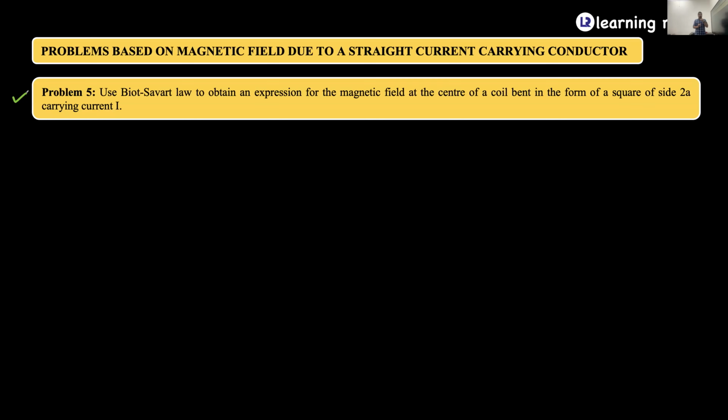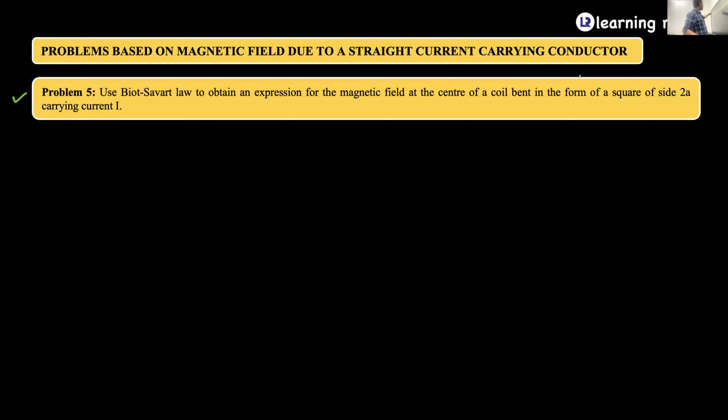Okay. So basically here, whenever we speak about current carrying conductors or coils, there is a language that is used. If you look at the problems that we are solving, problems based on magnetic field due to a straight current carrying conductor, we use the word conductor. Whenever we use the word conductor, it means it's an open system, in the sense the ends are not connected.